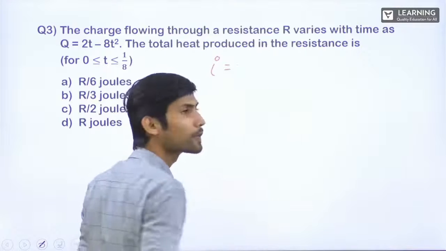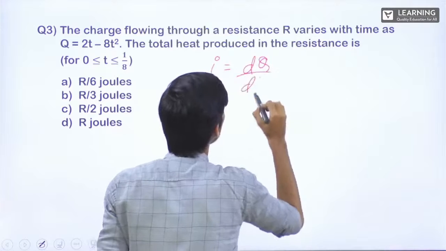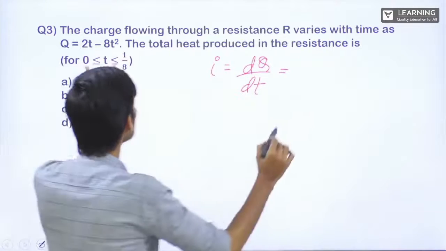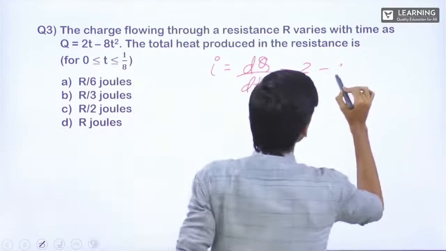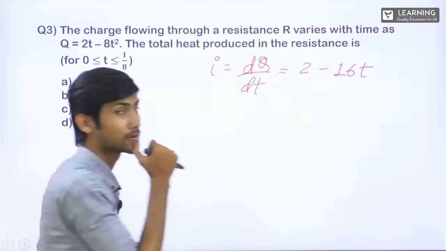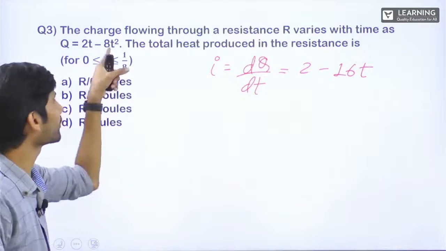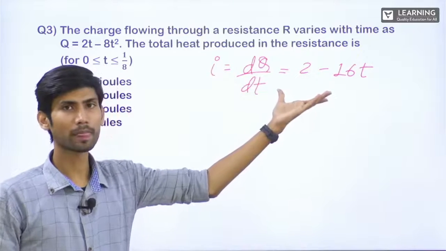I is equal to dq by dt. I will differentiate this particular thing with respect to t. So this will become 2 minus 16t. Yes or no? This 8 times 2 is 16, t power 2 minus 1, that is 1. So 2 minus 16t.